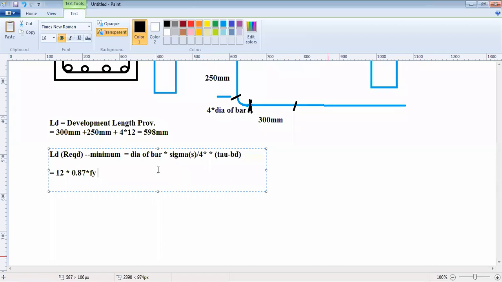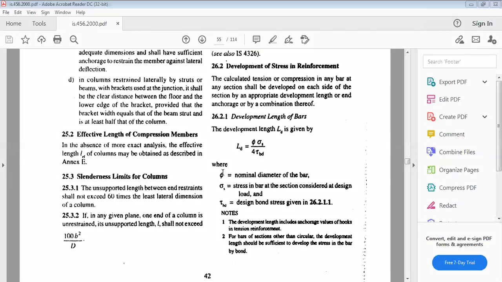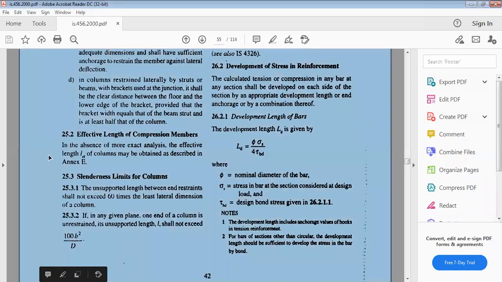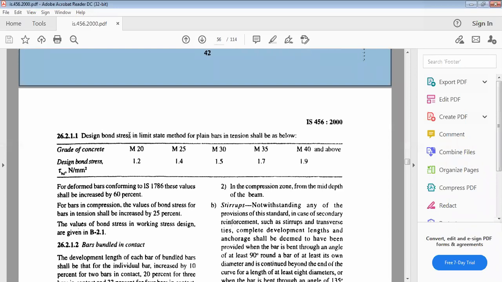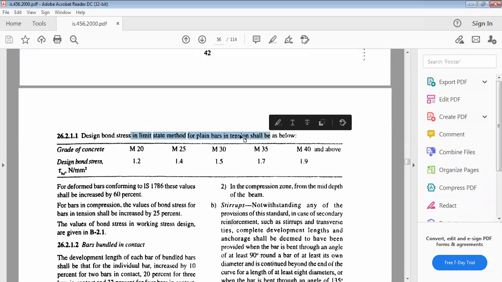Now, this whole divided by 4 into tau BD. What is tau BD? If we go to the code, it's here. The design bond stress in limit state method for plain bars in tension shall be as follows.